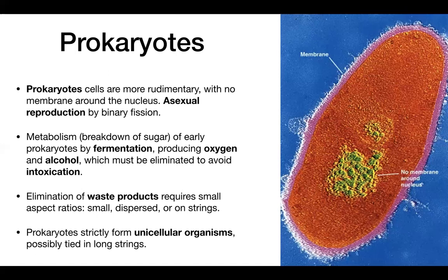Therefore, they live in a single cell or are strung end-to-end in chains. Prokaryotes cannot form the three-dimensional structures that are required for multicellular life. For at least 2 billion years, the only life on Earth was prokaryotic.